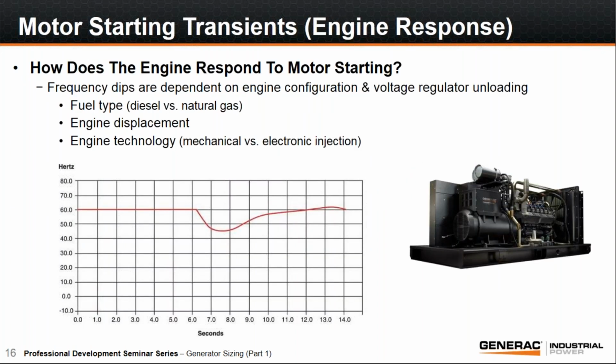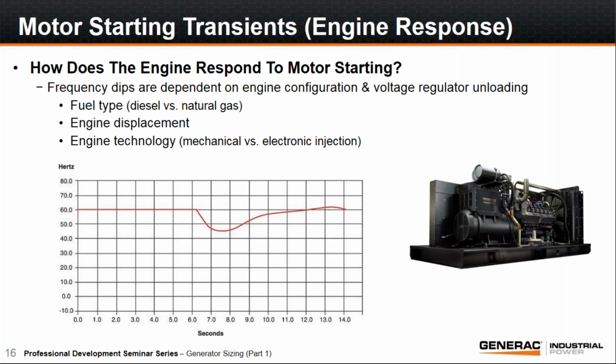So from a genset standpoint, we have two components. We have the alternator, which controls my voltage stiffness, and we have the engine, which controls the frequency stiffness of the genset. So when we're starting a large motor, we're going to apply some kilowatts up against that engine, and how that engine responds is a function of a few different things.